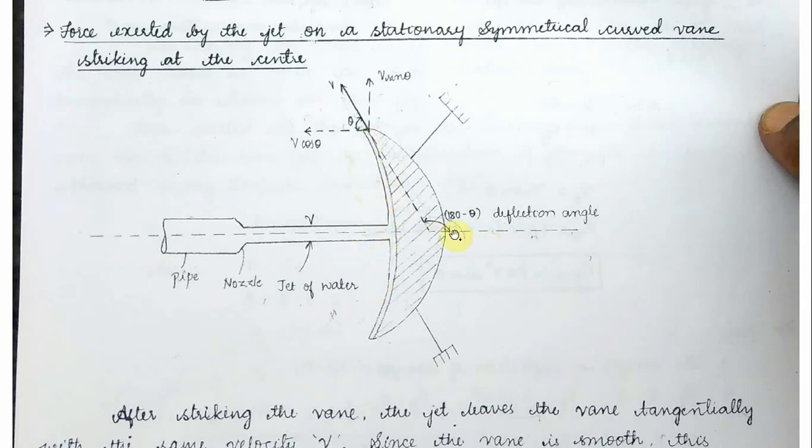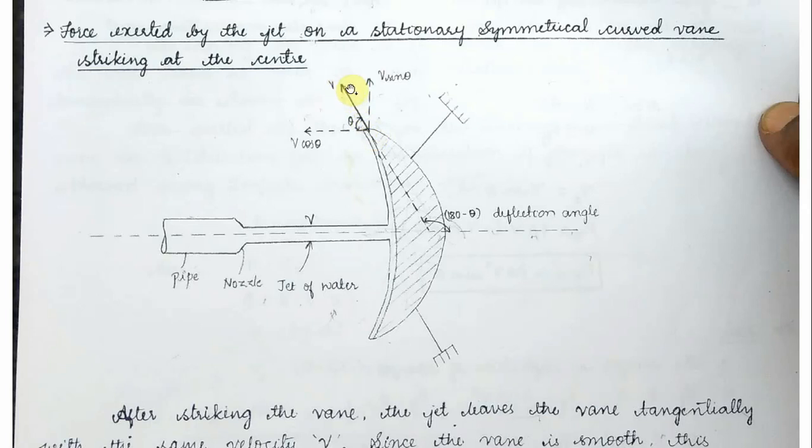From the center of the curve, I will draw an inclined line touching the tip of the curved vane where the jet of water will be flowing. From this dotted line, see here, it is touching the curved line, and after that it will be a straight line.